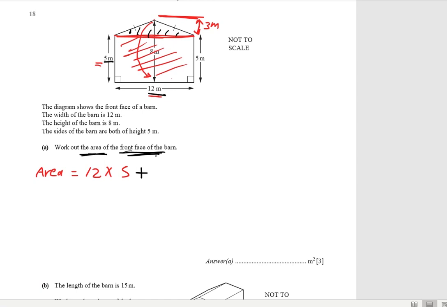The base of this triangle is 12 and the height is 3, so one over 2 times the base 12 times the height 3.